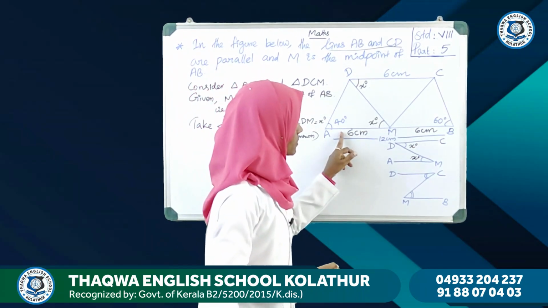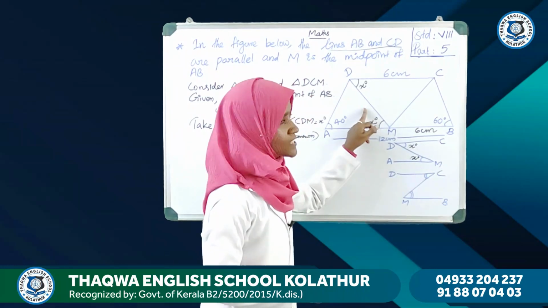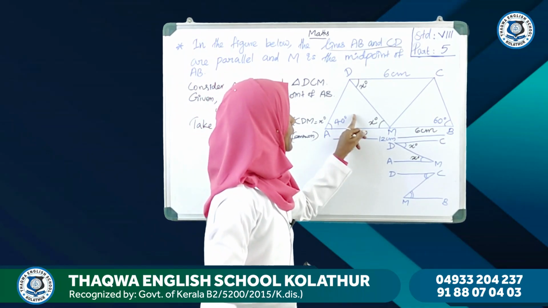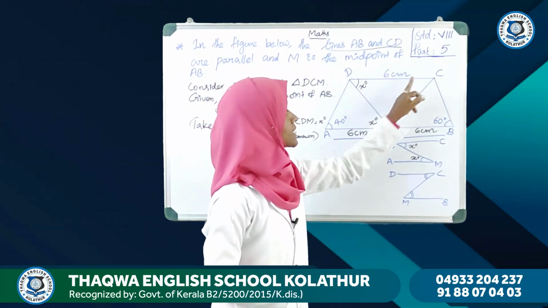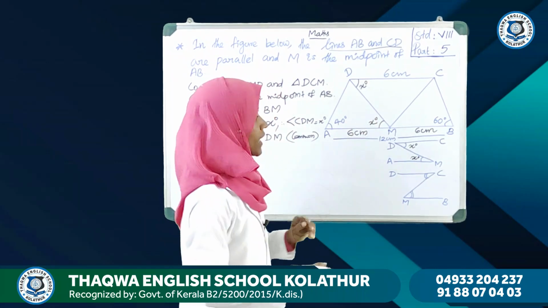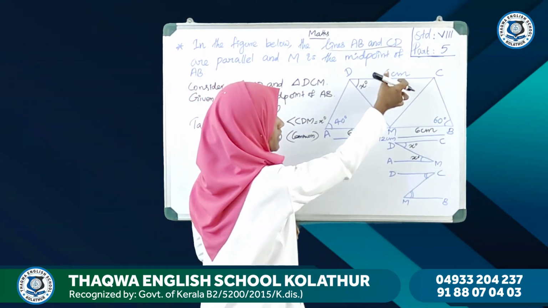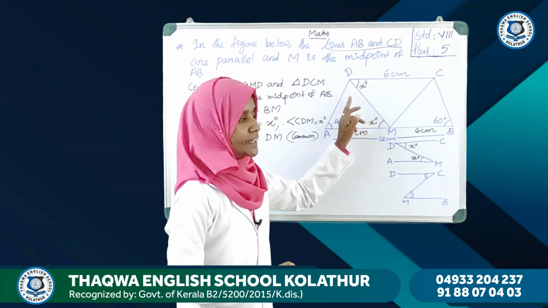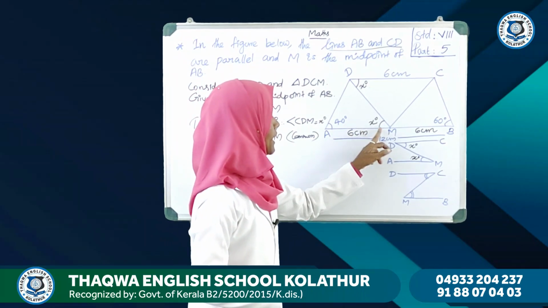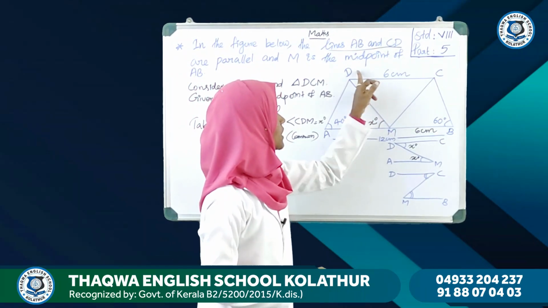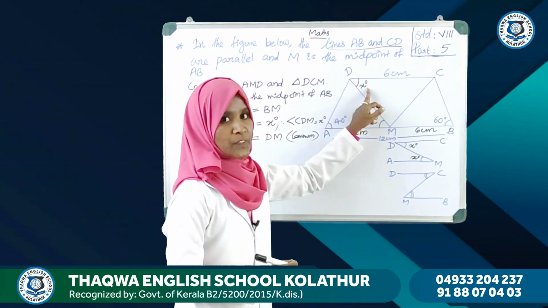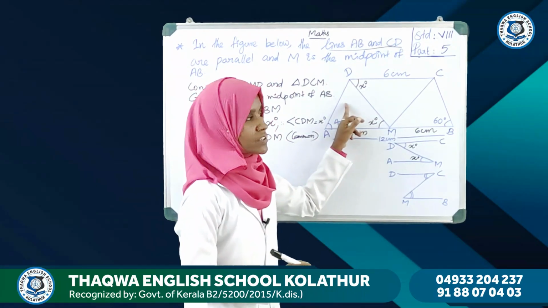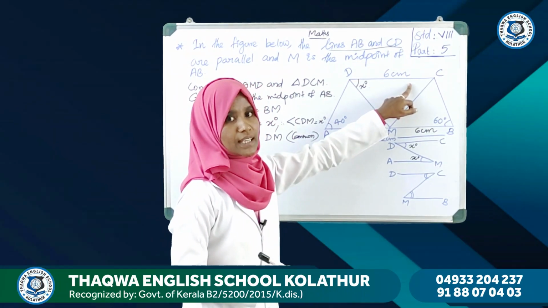Yes, two sides and the angle made by them of triangle AMD and triangle DCM are equal. Here AM 6 cm and CD 6 cm, then DM is the common side, then their included angles AMD x degree and CDM or MDC is also x degree. Then we can say that the other sides and the other two angles are equal.